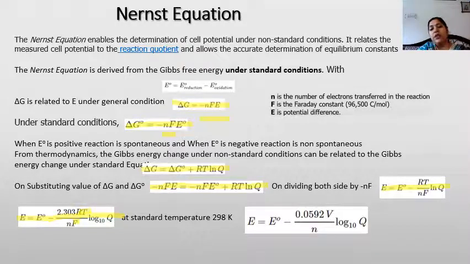On putting these values, the final equation becomes E is equal to E naught minus 0.0592 upon n log Q. So this is the Nernst equation, and this equation is very helpful in calculating the EMF of the cell in non-standard conditions.